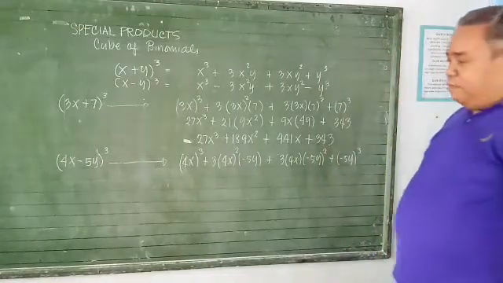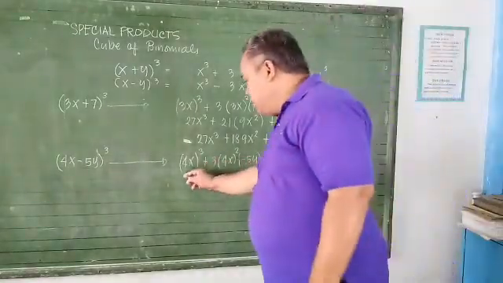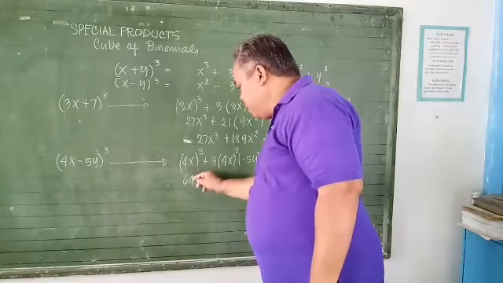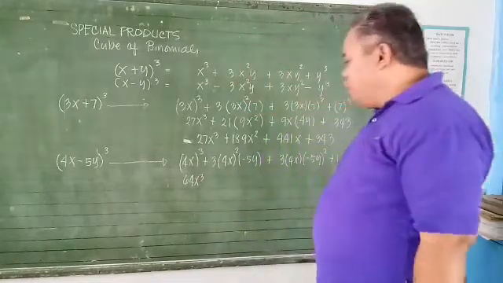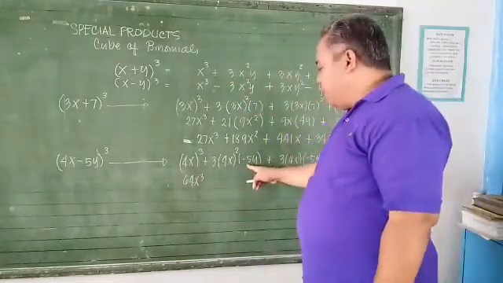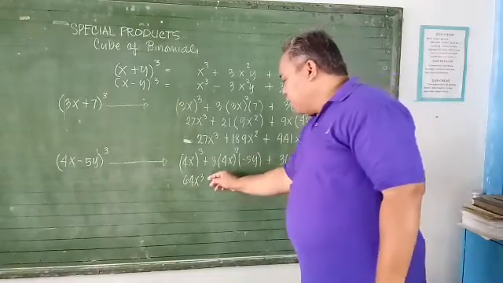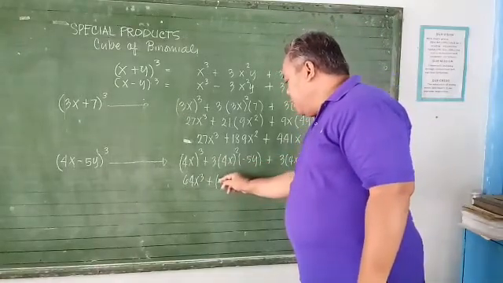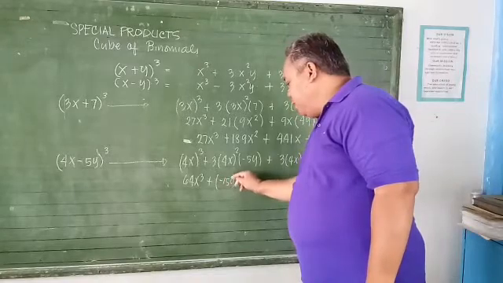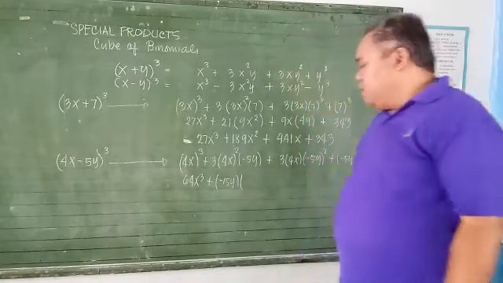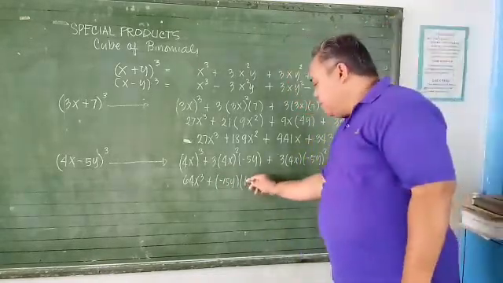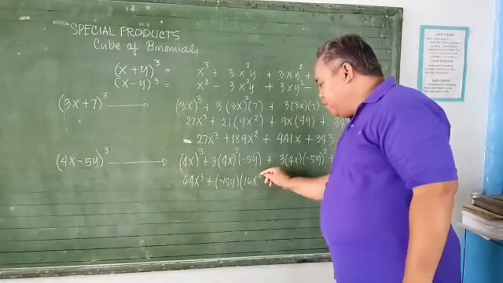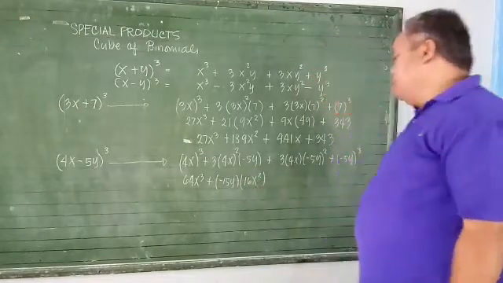So, start evaluating na. So, this could be 64x cubed. And then, ano muna yung multiply? Ito muna, tsaka yan. Okay, it will give you positive plus negative 15y. And then ito, square of 4, it will give you 16x squared.